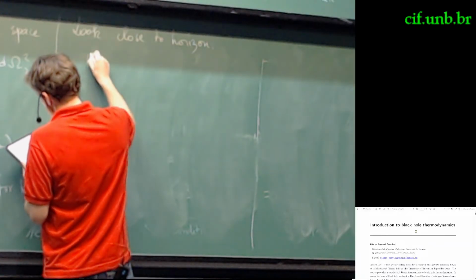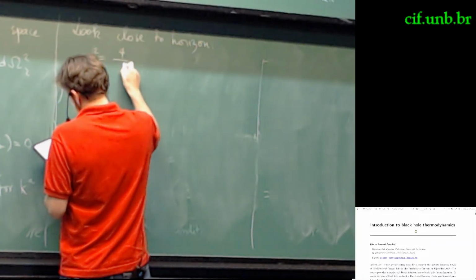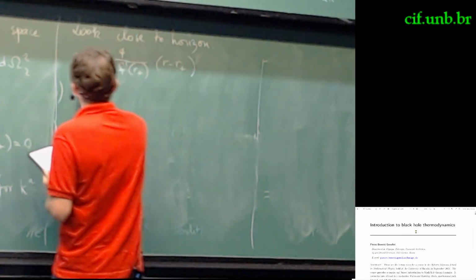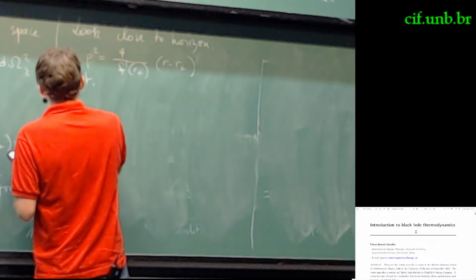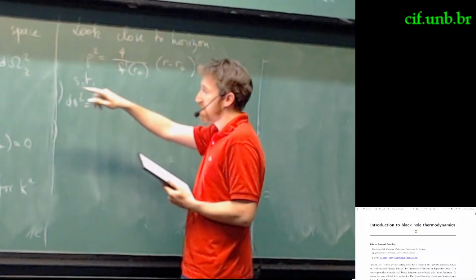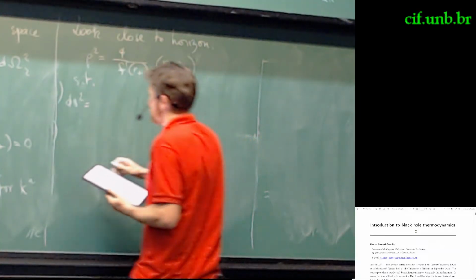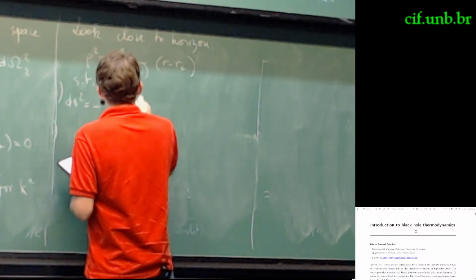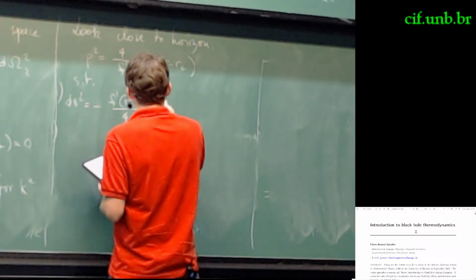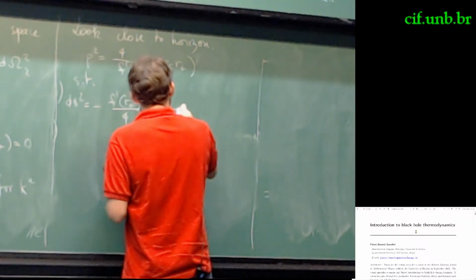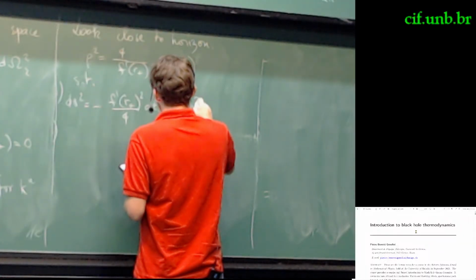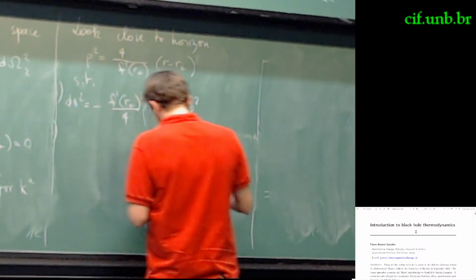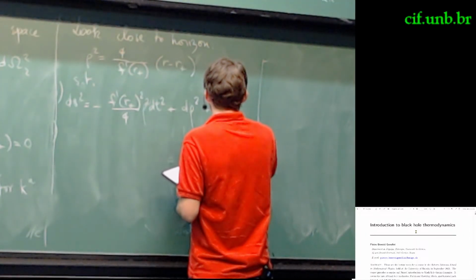So we introduce a geodesic coordinate such that the line element near r plus, at leading order, is simply minus f prime r plus, sorry, rho squared, rho squared, plus r plus squared.